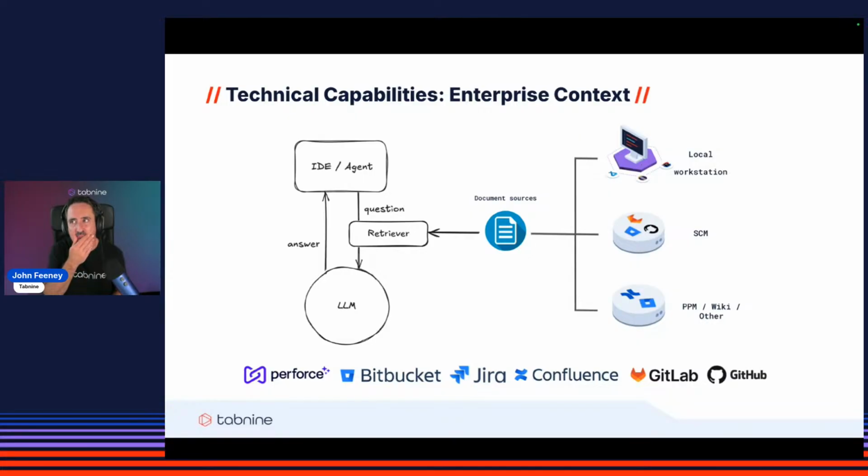Now, another thing that I do want to touch on, and this is an important consideration when it comes to air-gapped versus cloud, is context. As we all know, in AI, context is king, right?